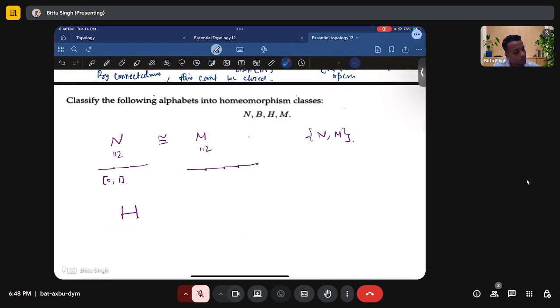For B, sorry, here we need a specific drawing. So remove this point, remove this point.